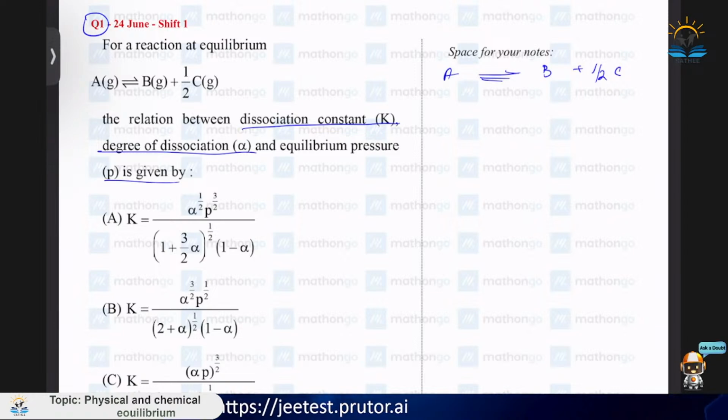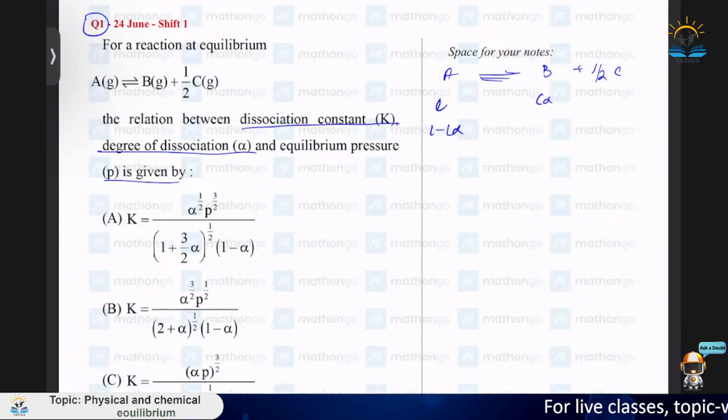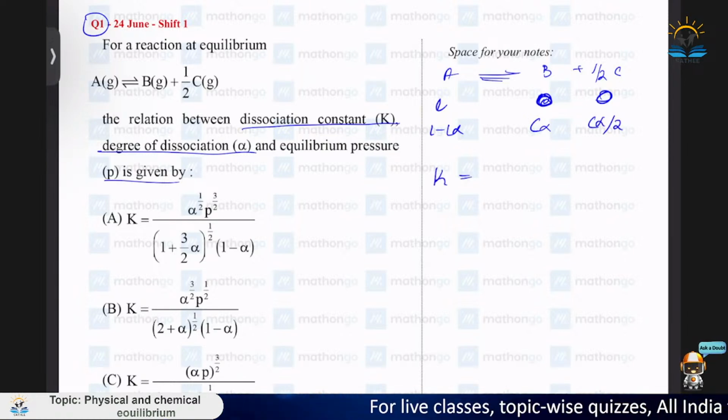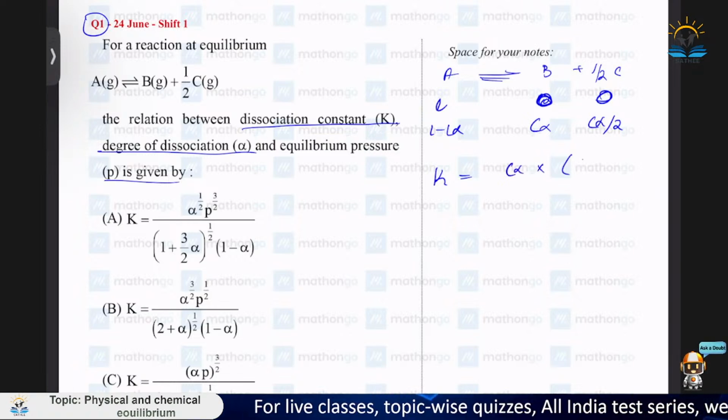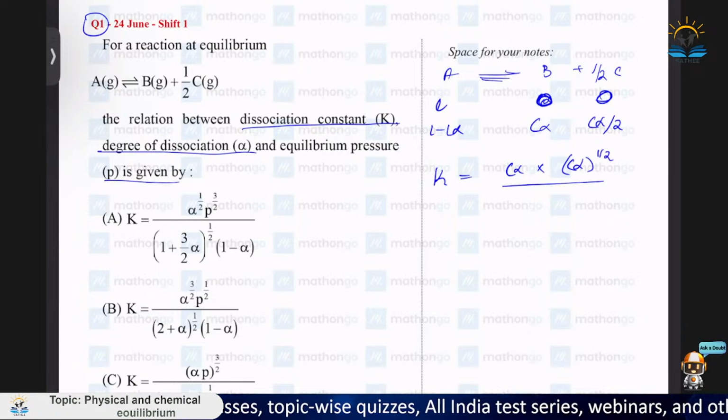If the initial concentration is C, the final concentration will be C minus C alpha, and initial was 0, C alpha and C alpha by 2. So K will be C alpha into C alpha to the power 1 by 2 divided by C minus C alpha.